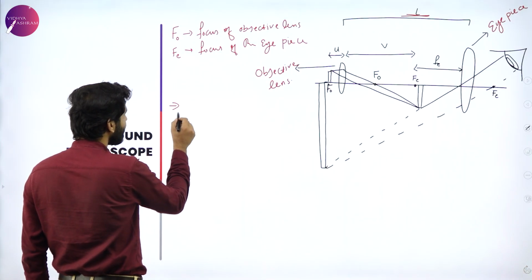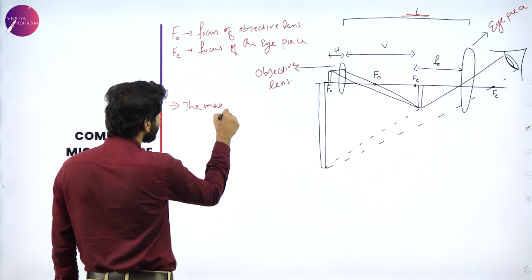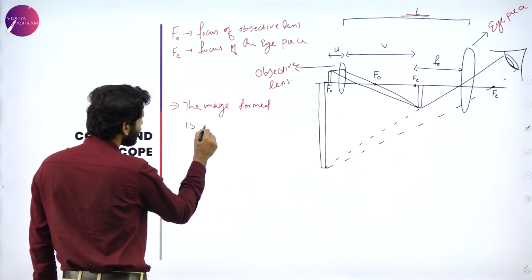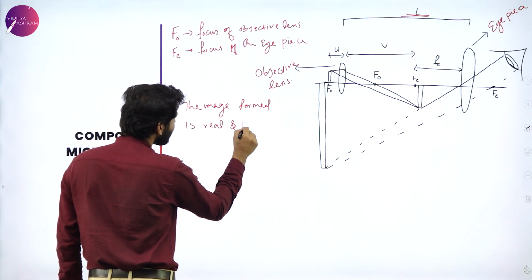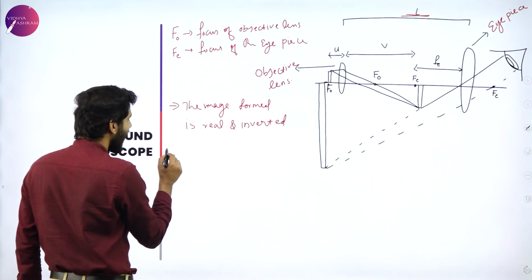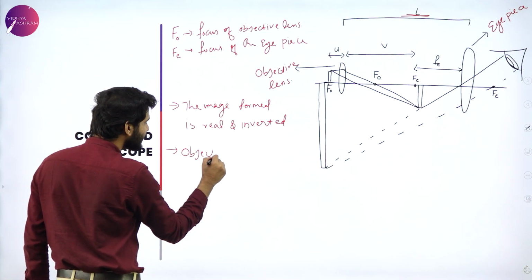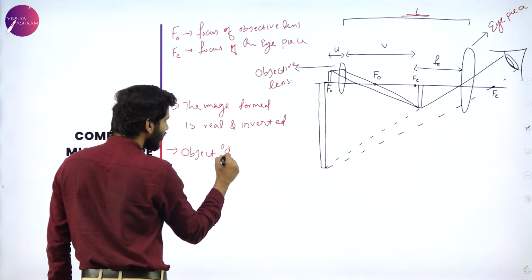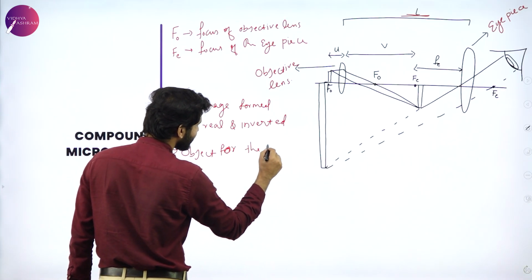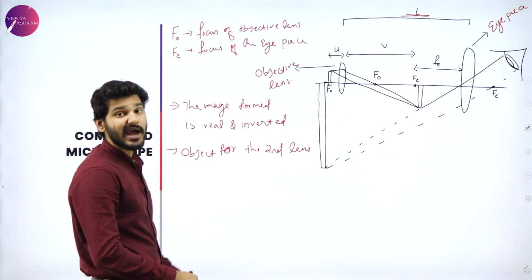So the point to be noted here is that the image formed is real and inverted, and this will act as the object for the second lens, which is called the eyepiece.